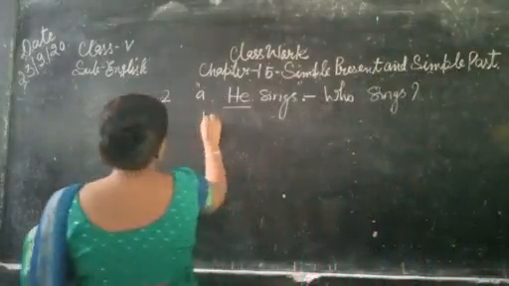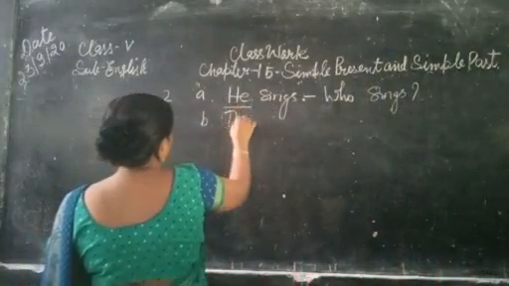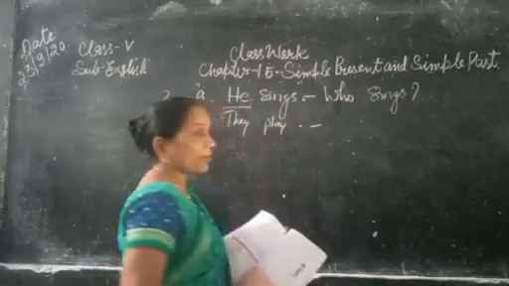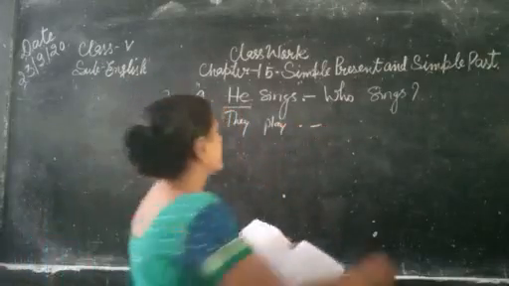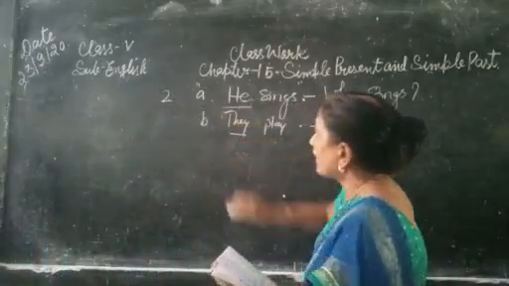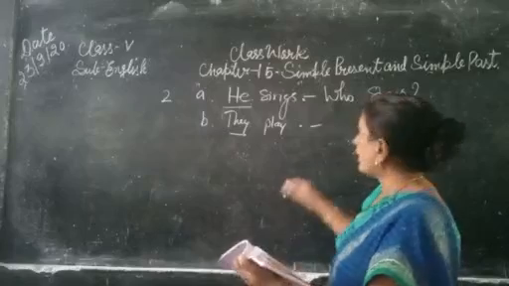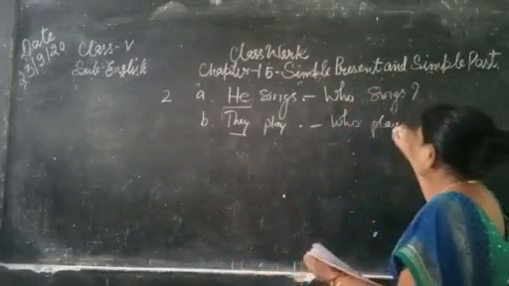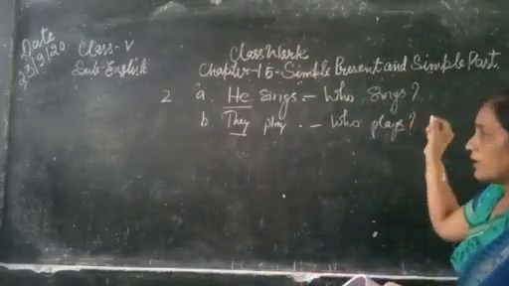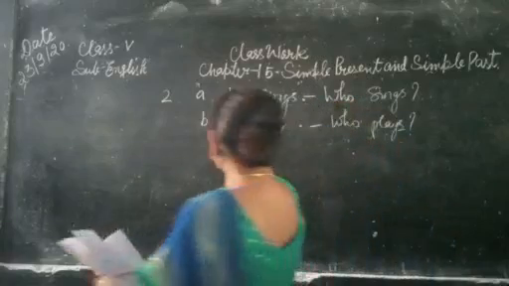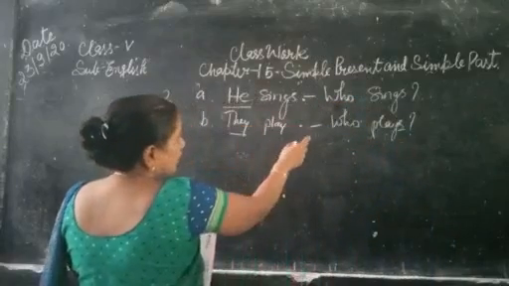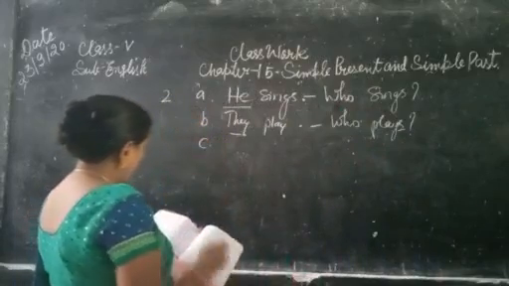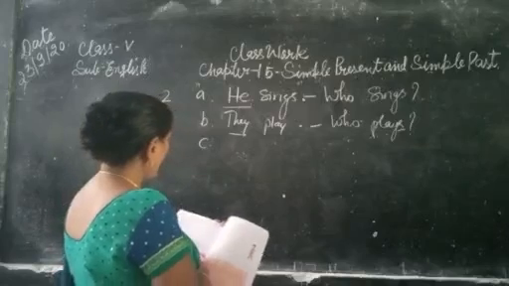Second, B, they play. And its interrogative will be who plays. हमें ये आंसर लाना है. तो क्या आएगा? Who plays. वर्ब के साथ हमें S लगाना है. Whether this noun is plural or singular doesn't matter. We have to use this verb as S or ES form of the verb.